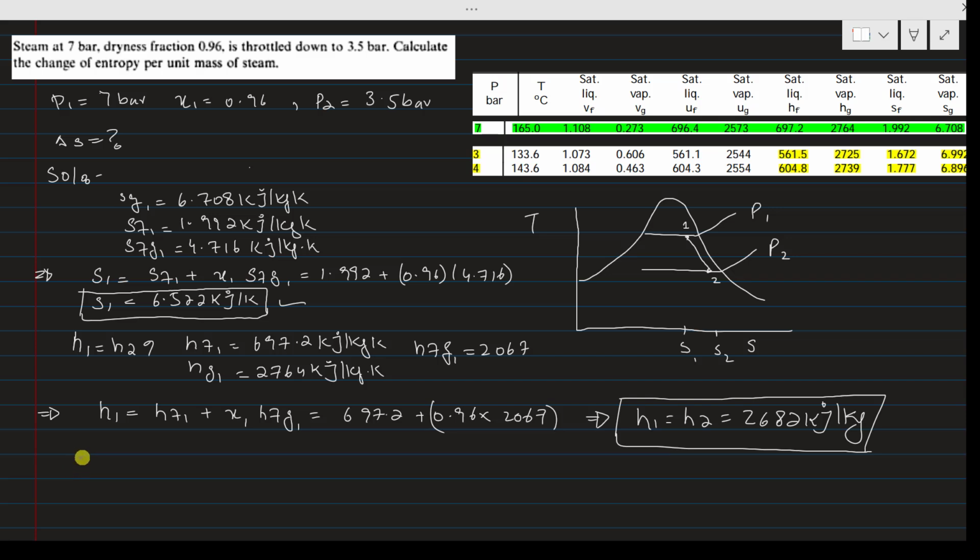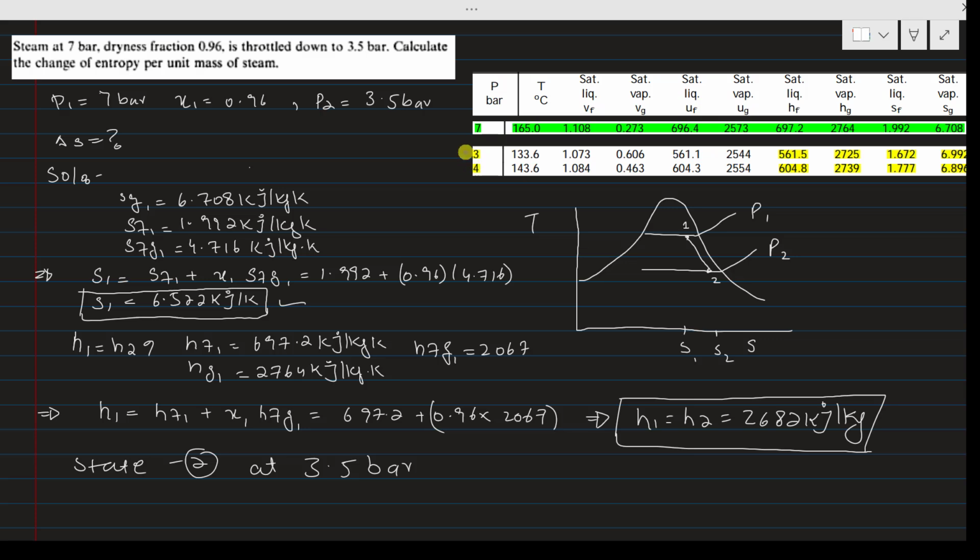So for state point 2 at 3.5 bar, remember that 3.5 bar lies between 3 bar and 4 bar pressure.